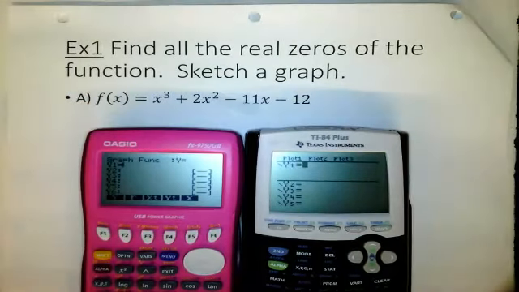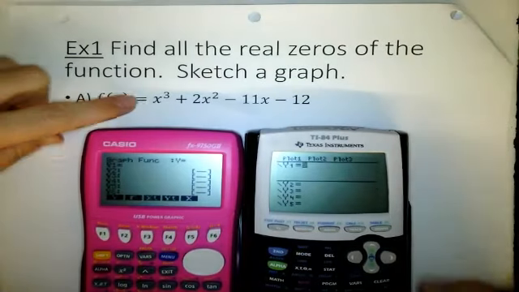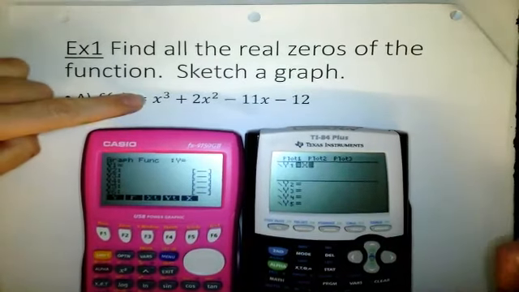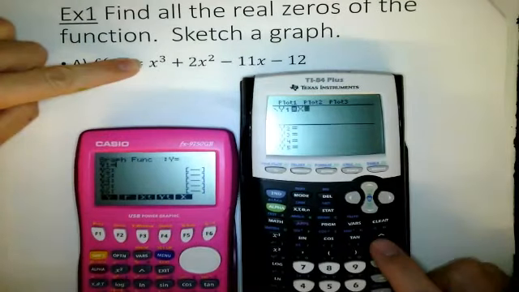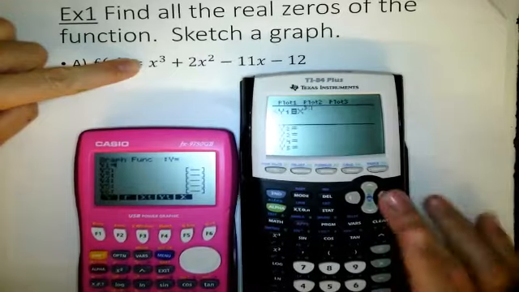And on Desmos.com, you'll see the a to a power of b button. That's how you get your exponent. Here on our calculators, we can type in our x, and the caret, which is right here, this little arrow up thing, that's how you get your power of 3.